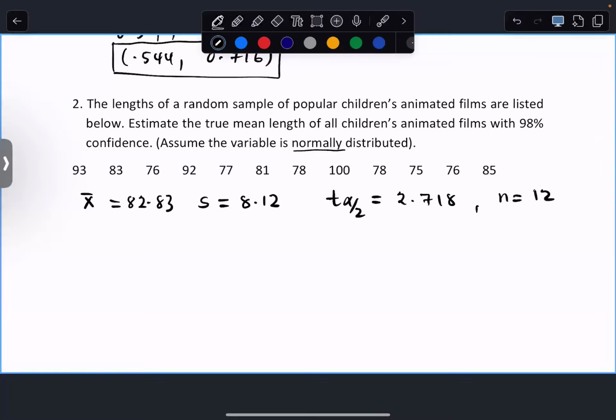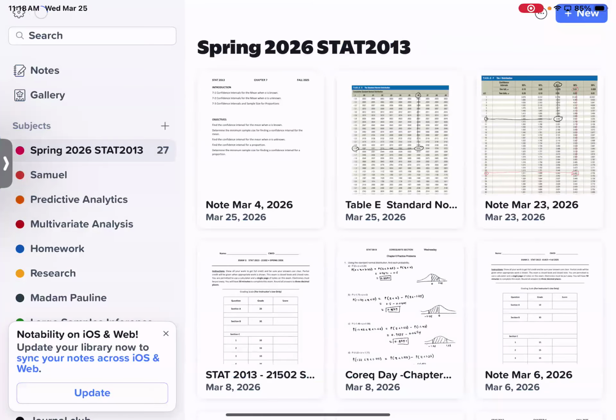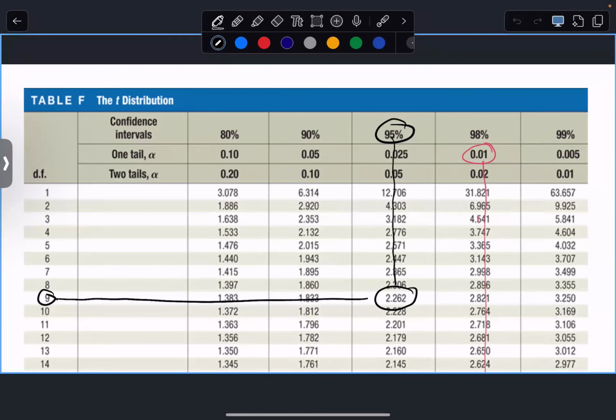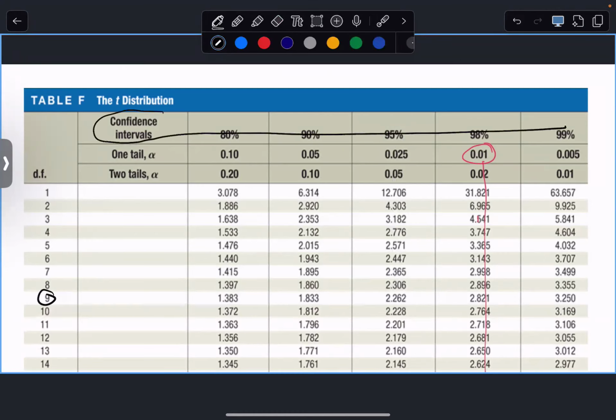We use our degrees of freedom, which is N minus 1, right? N here is 12, minus 1 is 11, and a 98% confidence interval. We go to our T table, which is this. For the T table, when we are looking for a confidence interval, we use the first row.